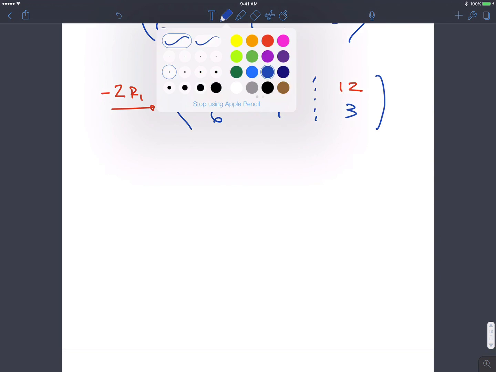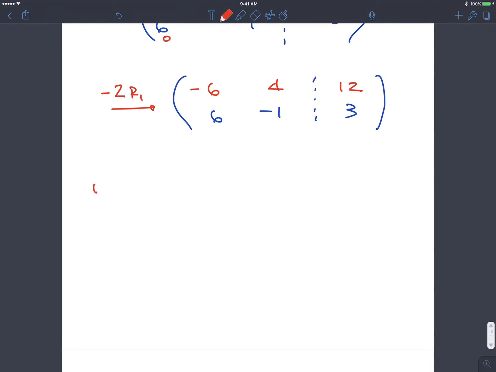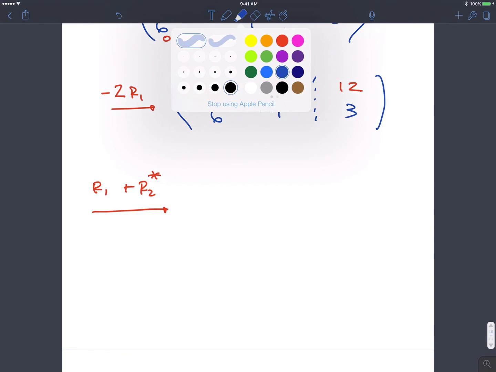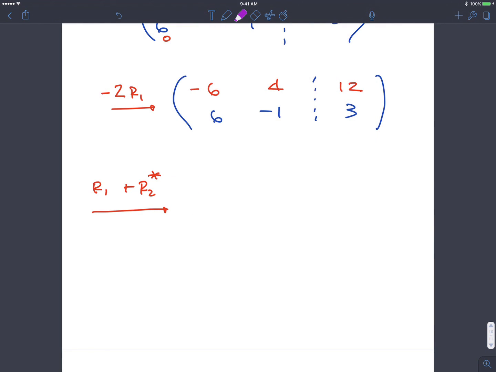We could now add row 1 with row 2 and make sure that row 2 changes. The reason we do this is if I take this value plus this value, I get the 0 for my first entry in row 2. So row 1 plus row 2 gives me that 0.